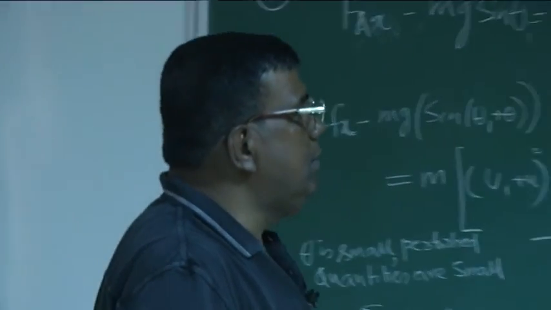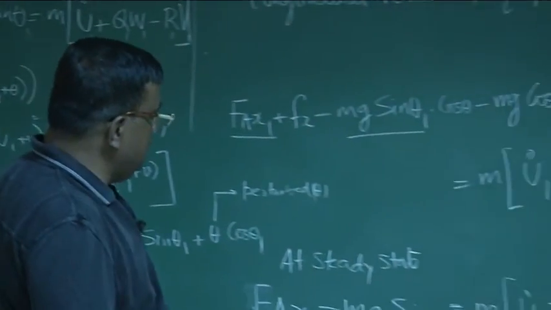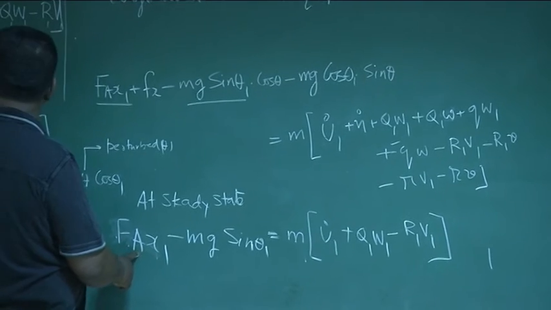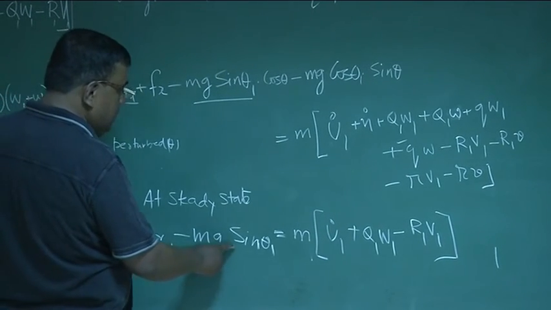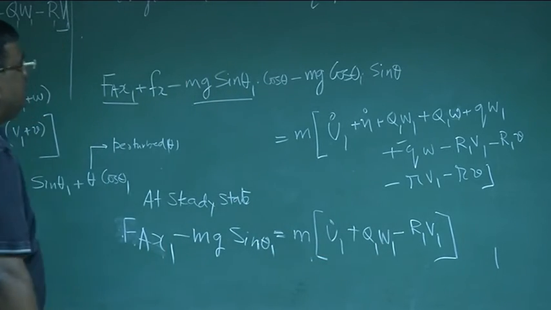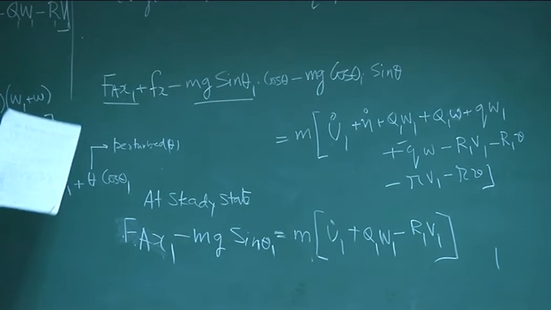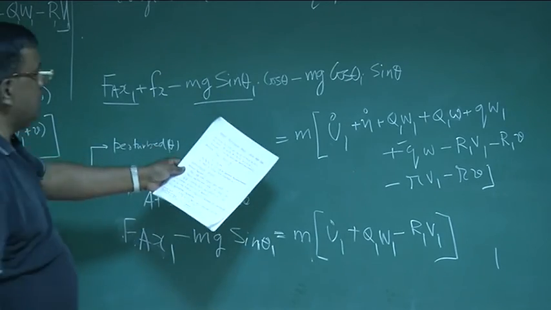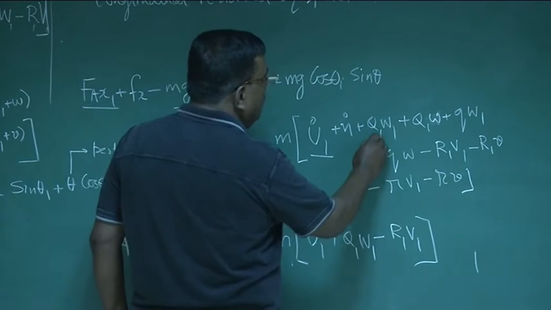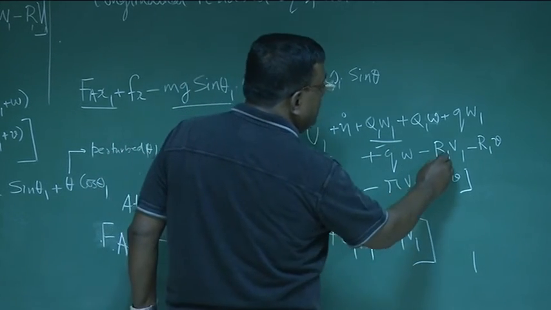So let us see what is the condition at steady state. We know at steady state FAx1 minus mg sine theta 1 equal to m times u1 dot plus q1 w1 minus r1 v1. And if I carefully see this expression, where I underline u1 dot, q1 w1, r1 v1.